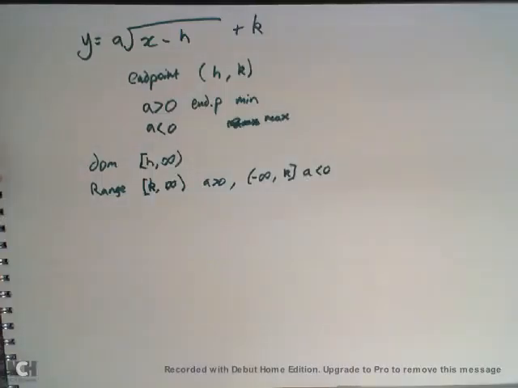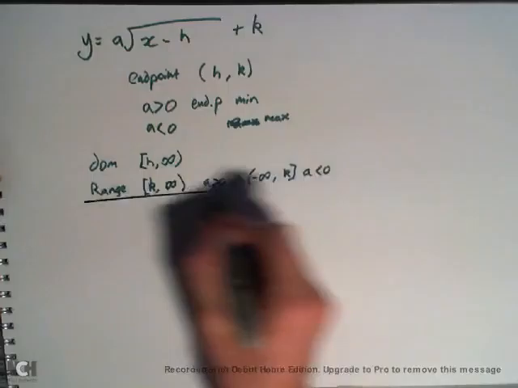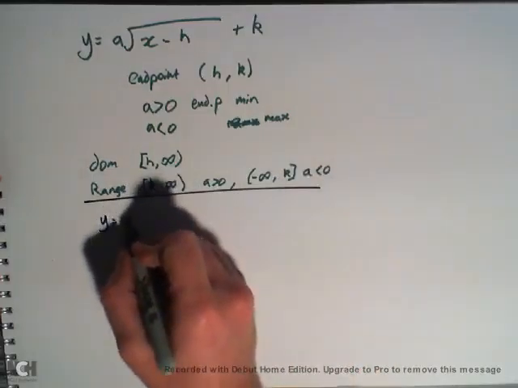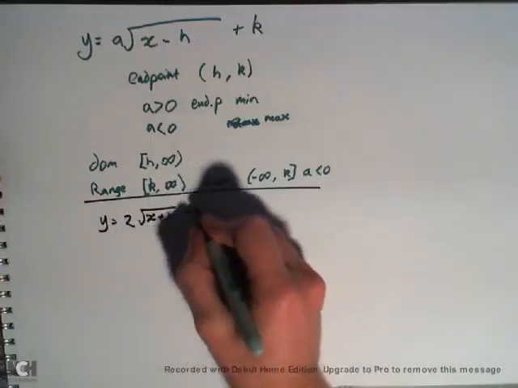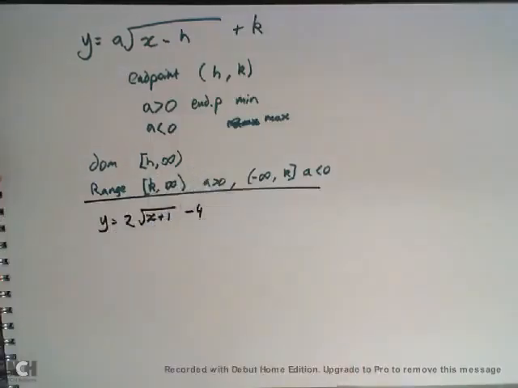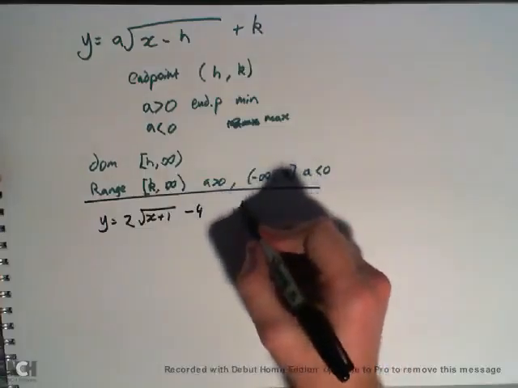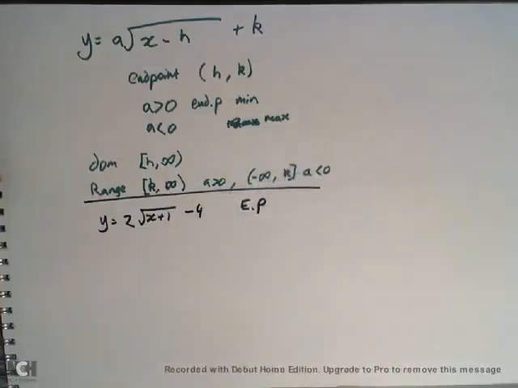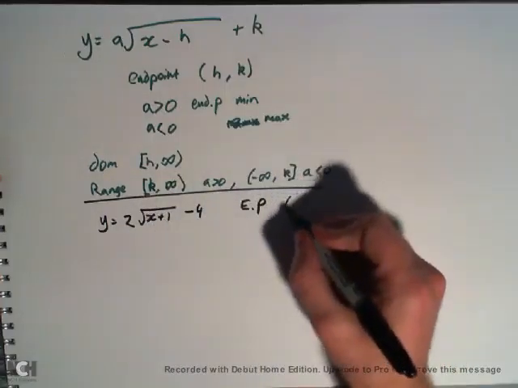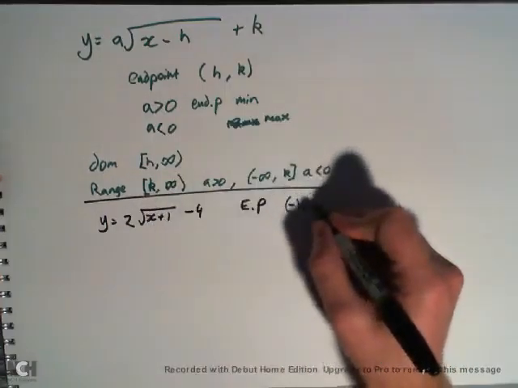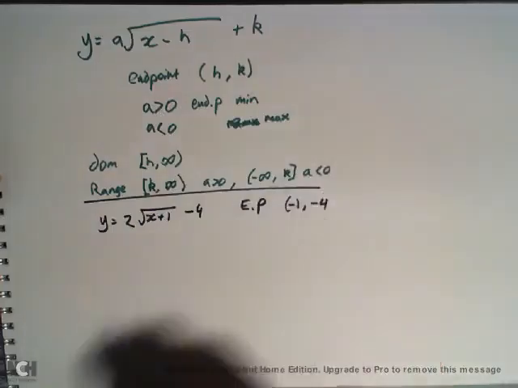So we'll go through an example. So this is example 14, sketch y equals 2 square root of x plus 1, take 4, stating domain and range. So endpoint, what's our endpoint? Oh, it's going to be minus 1 and minus 4.